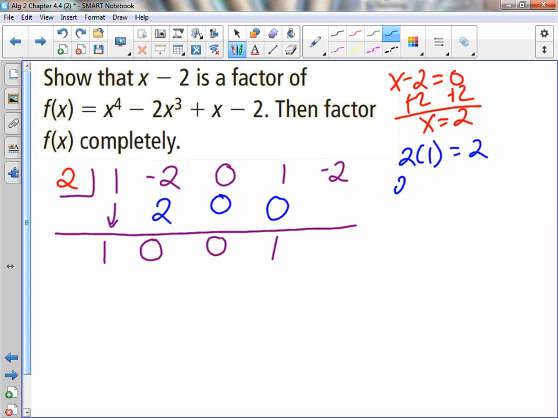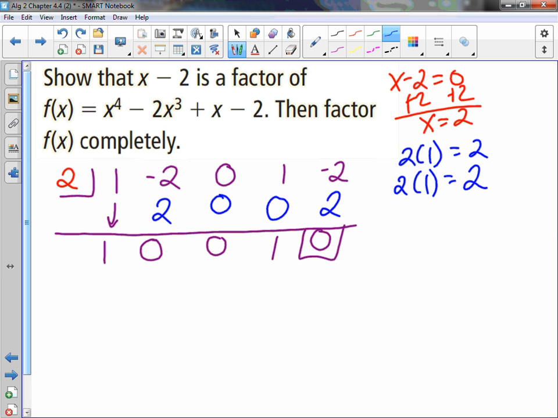So we'd have 2 times 1, which gives us 2 again. So it is a factor. We knew that from the get-go, yes? Okay.